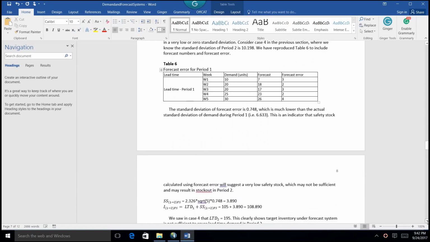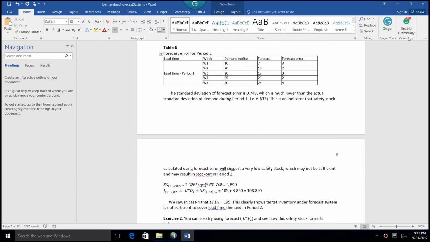Based on my experience, when the forecast error from one week to another, from one period to another, is very close, then the safety stock formula under the forecast system may not be working well.